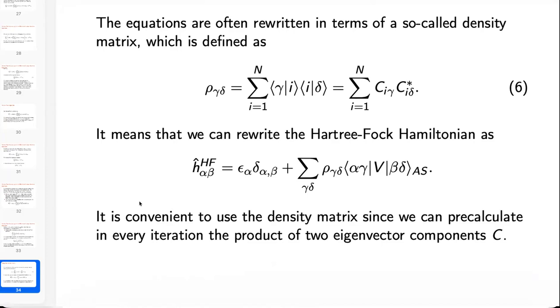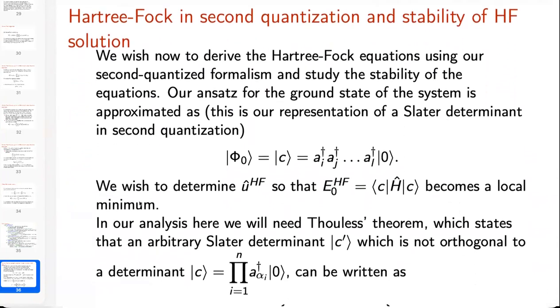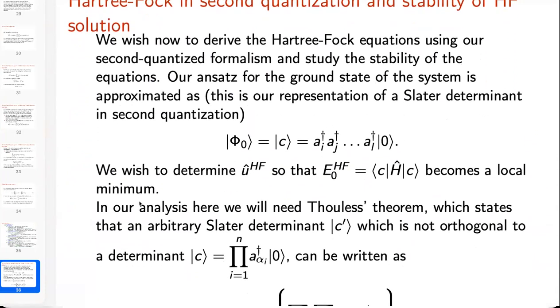Keep in mind that the Slater determinant is given by a product of single particle states. We can write a general Slater determinant for the ground state, which also includes one particle, one hole excitations. So let's take a look at that. This leads us to the discussion of the stability of the Hartree-Fock equation.